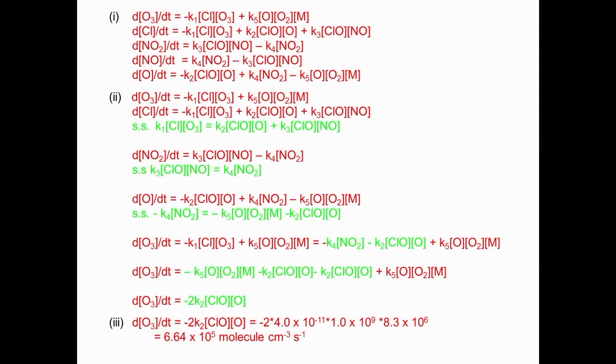So the rates of change of all of those species are just given by the examination of the equations on the previous slide. If this is in steady state, what does it mean?